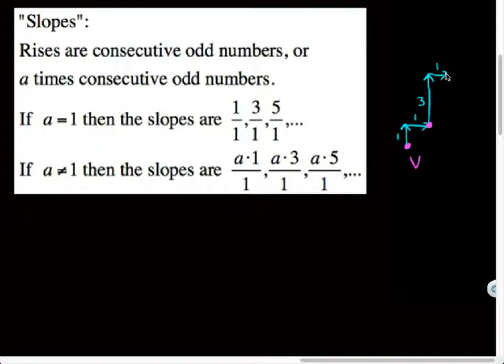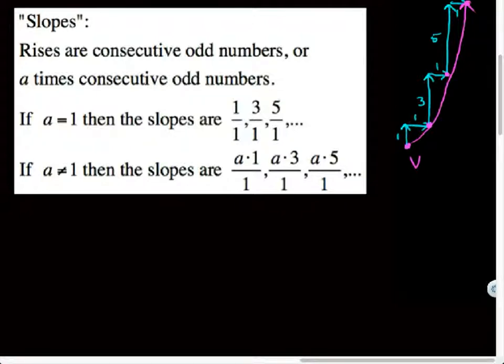If I go up 5 from there and over 1, that will give me yet another point on my parabola. So I can use that to get more points without having to do a lot of calculations.